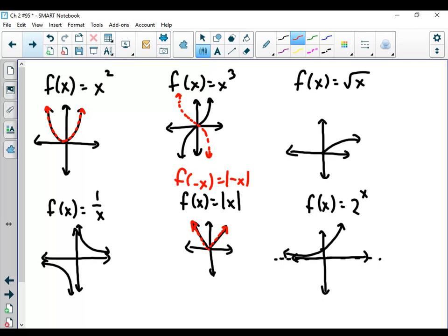There was a lot of discussion in groups on this one, which was good, because you put in the opposite of x, and I heard a lot of groups say, well, I can't do the square root of a negative, which is true, but this isn't really saying negative x, it's saying the opposite of whatever x is. So you're right, if I keep putting in these values here, that's not going to work, because these values are positive.